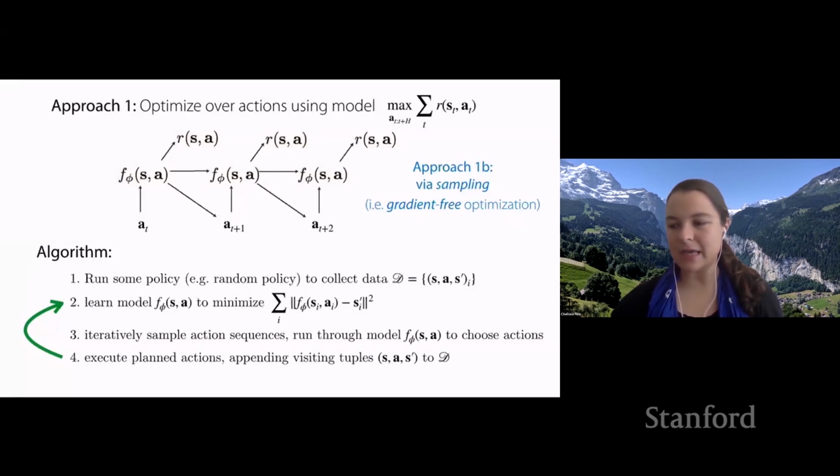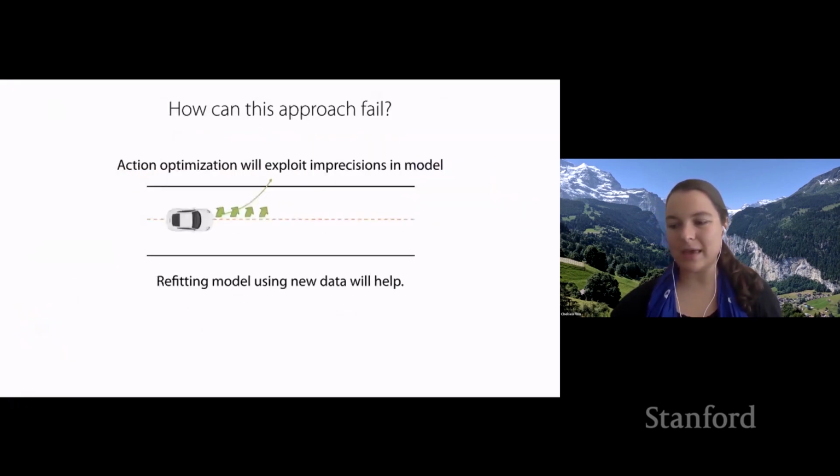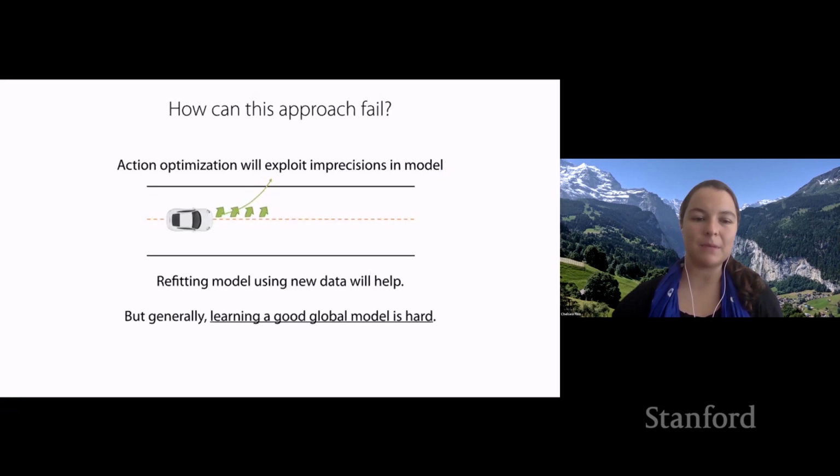Even in this case, retraining the model using new data will definitely help with these sorts of imprecisions. But in the general case, learning a good global model is pretty difficult. There are a few different ways for tackling this problem.